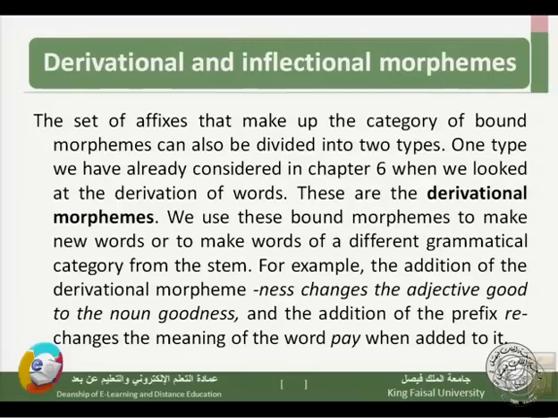We use these bound morphemes to make new words or to make words of a different grammatical category from the stem. For example, the addition of the derivational morpheme ness changes the adjective good to the noun goodness, and the addition of the prefix re changes the meaning of the word pay when added to it, so it becomes repay.